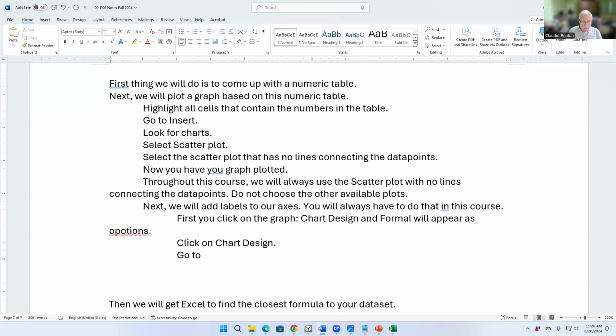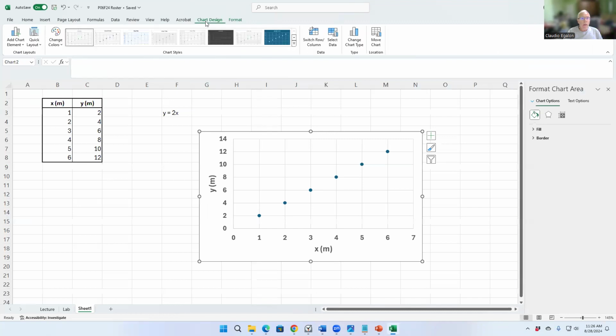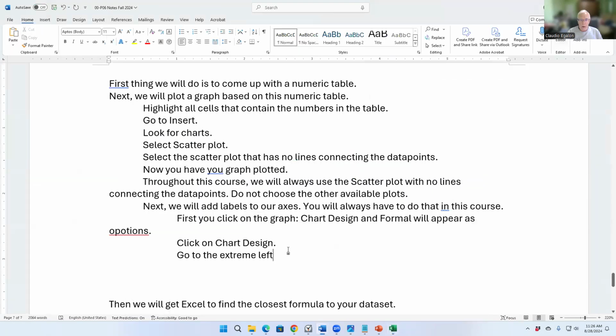Go to the extreme left, right? Okay. Add chart element. Go to extreme left, add chart element, right?